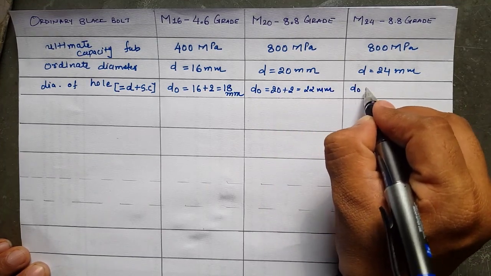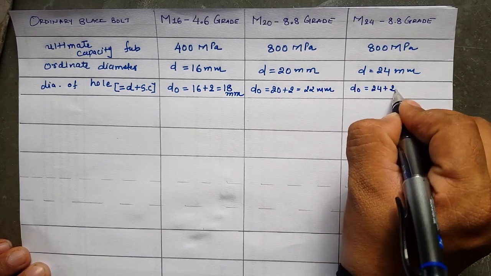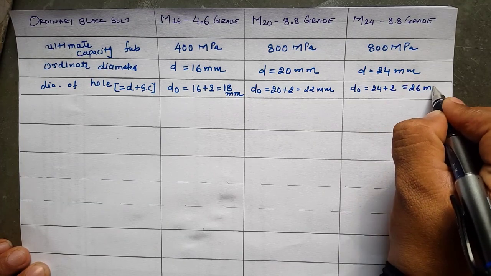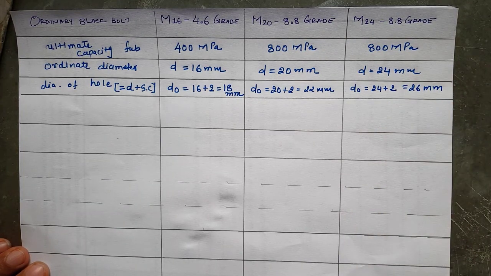And for 24 mm bolt it is 2 mm, so 26 mm. If M30 is given, then the diameter of hole is 30 plus 3, because in the table standard clearance is given as 3 mm for 30 mm bolt. So diameter of hole D0 for 16 mm is 18, 20 mm is 22 and 24 mm is 26.